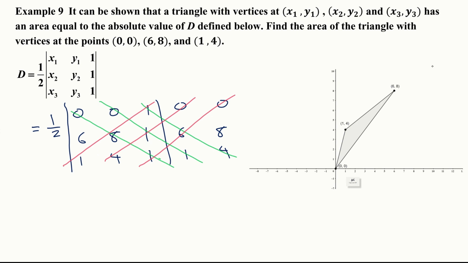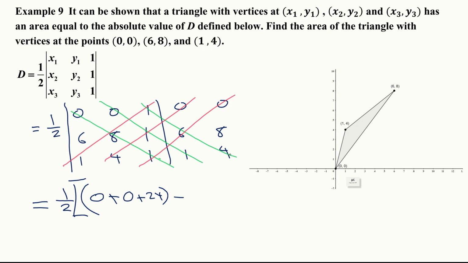All right, so we have, don't forget to bring the 1/2 over as well. So 1/2 times, now this product is 0, that product is 0, so basically 0 plus 0, and that product is 24. I should probably use a bracket here.